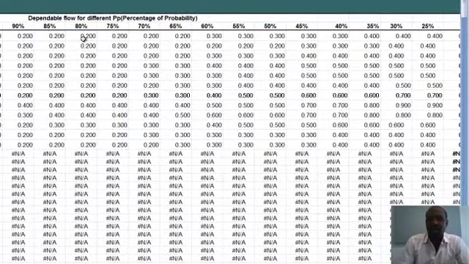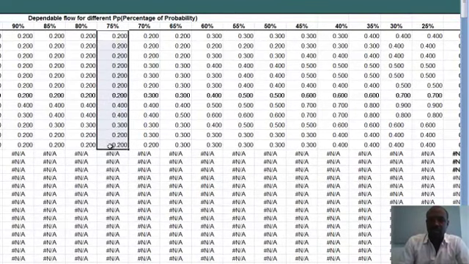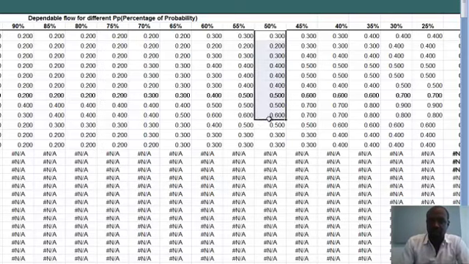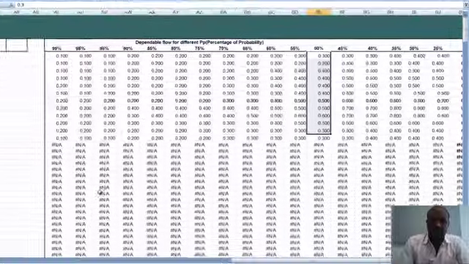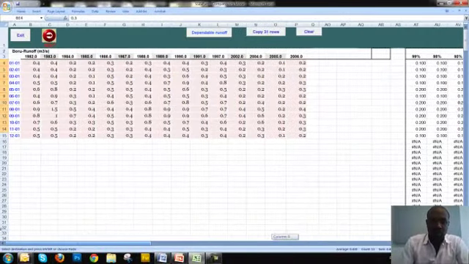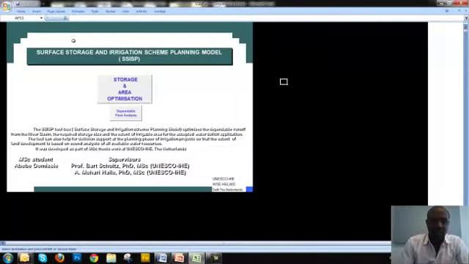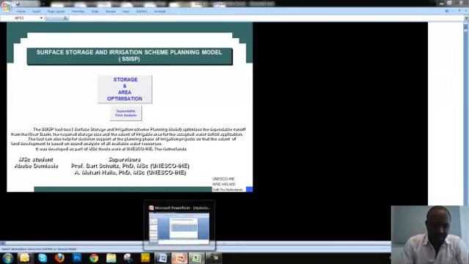Then the planner could choose, for example, a discharge which is exceeded 75% of the time, or 50% of the time. This is how this tool works. Very simple, but it helps to compute the dependable flow analysis.